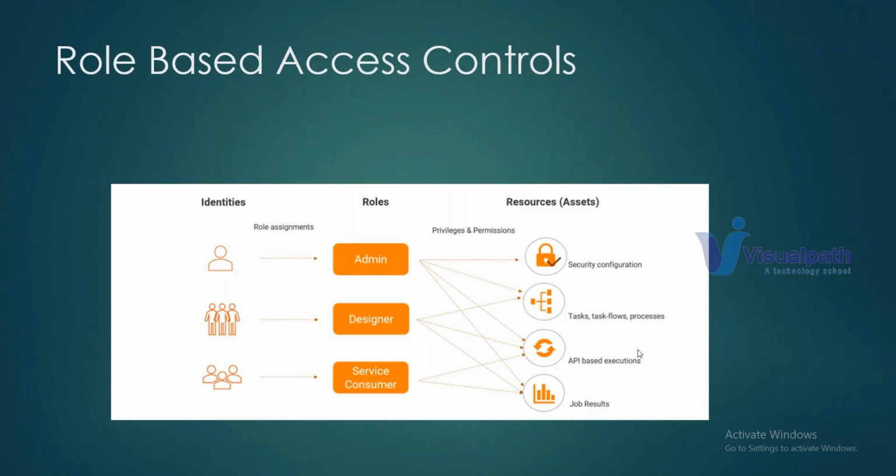But a designer has some functionality where you can create the task flows, processes, API-based executions, and job results. If I talk about a service consumer, you may be limited to API-based executions and monitoring the job results. So these are different identities mapped against different roles and different assets. Is this clear?